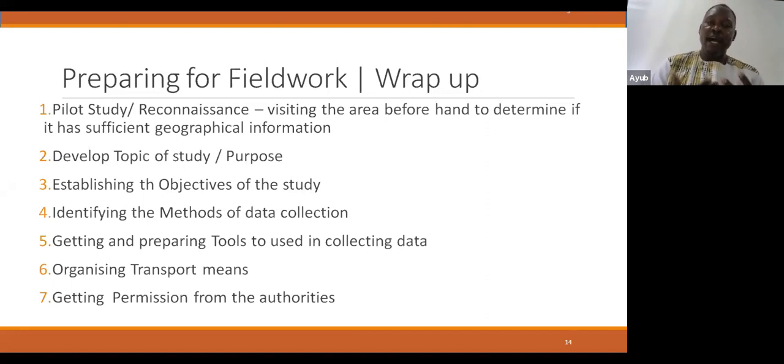I am learning how to study geography through fieldwork. Please give me permission to study your area, your garden, your farm, your market. You ask for permission to do fieldwork from where you are and from where you're going to carry out the field study.